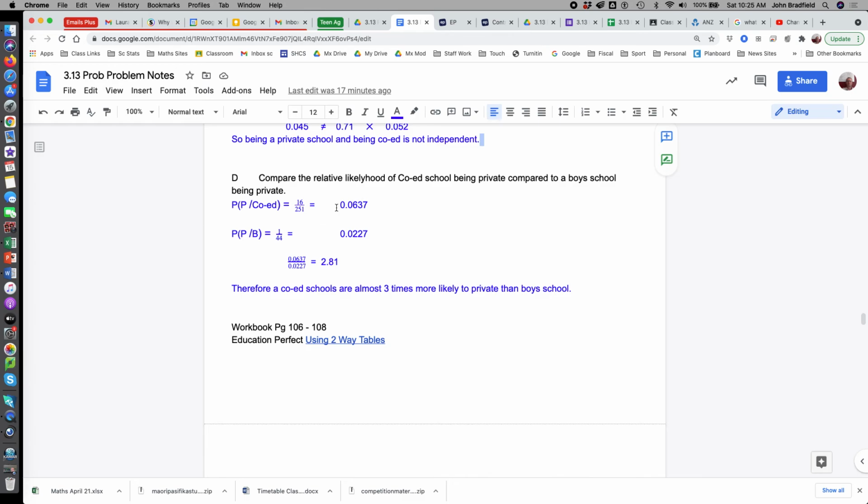So relative likelihood, just like relative risk, one probability over the other in the order they're given to us. And actually, co-ed schools are almost 3 times more likely to be private than the boys' schools. And that's our relative likelihood, according to these figures, which don't seem to match the private schools I know in the country.